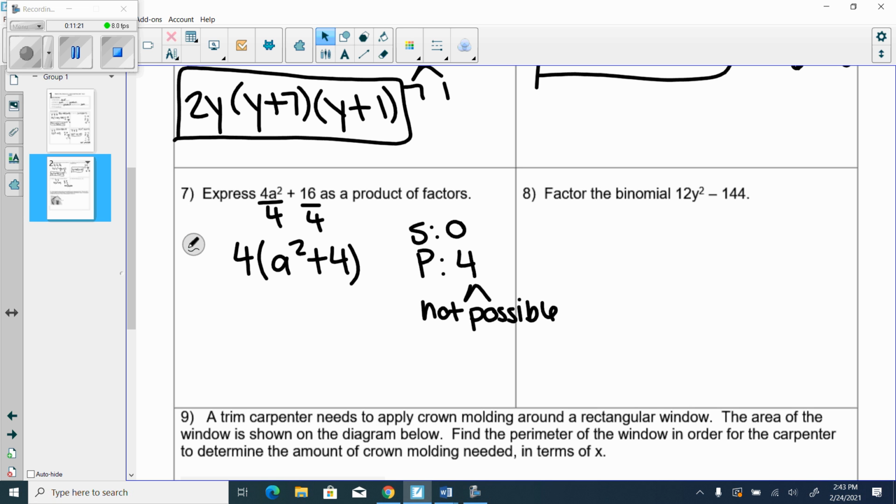So if you're ever given a problem like this that has two terms with a plus sign in the middle, it's never going to factor because it's impossible to multiply and get a positive but add to get a 0. So the most we could do here is pull out the GCF.